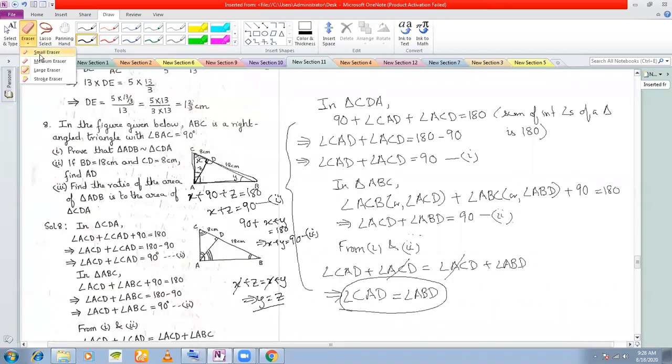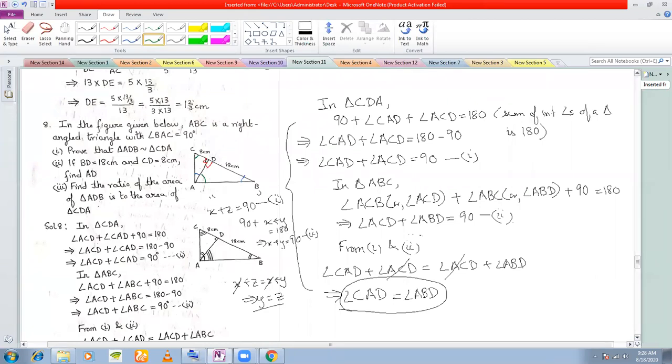So now coming back to the problem, the question of similarity. Once I have proved these two blue angles to be equal, this one and this one, and these two are 90 degree, this is given to me. This is 90 degree, this is 90 degree given to me. And this green angle, the third angle obviously has to be equal.